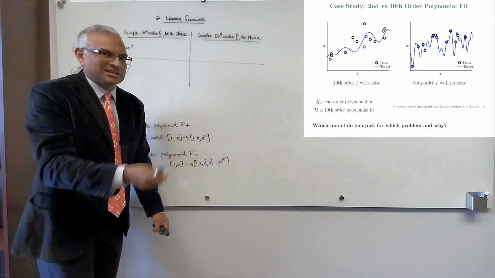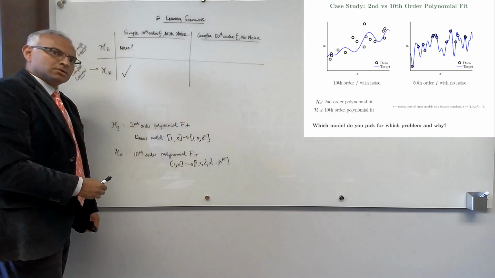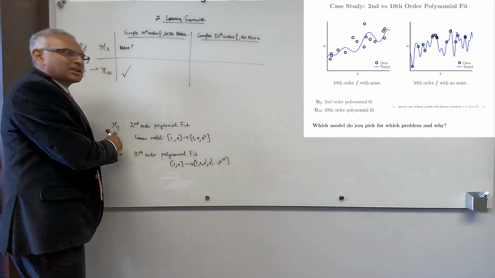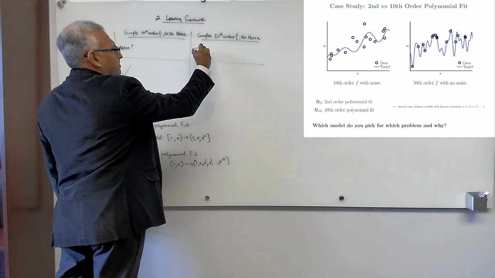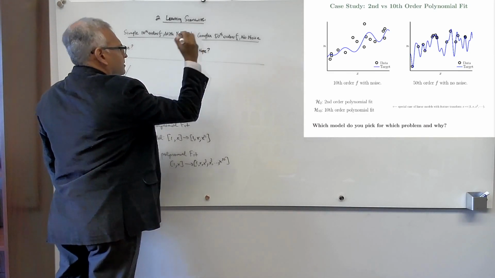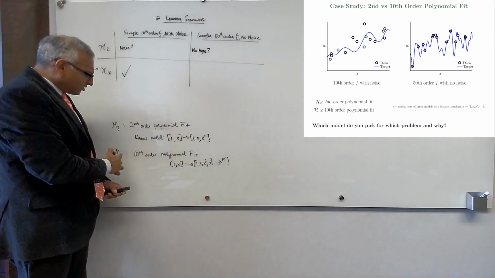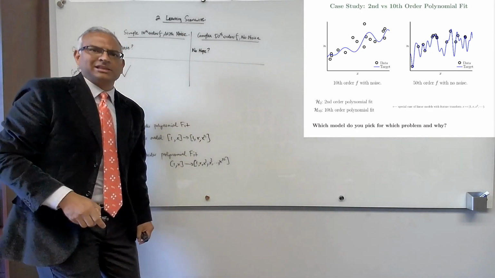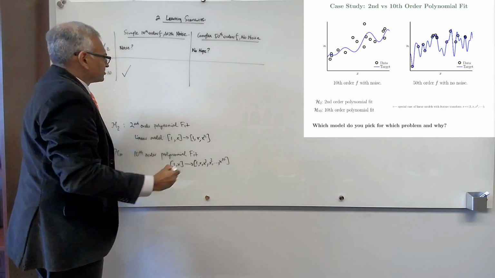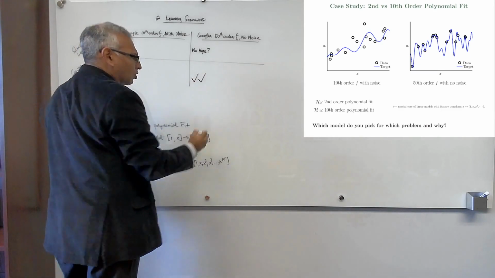There's no measurement error. And so the second order fit is going to have no hope whatsoever. And the 10th order fit, while it's still a bit deficient, at least has some chance of getting all the variability of this blue target function. So we think that this is a no-brainer here.